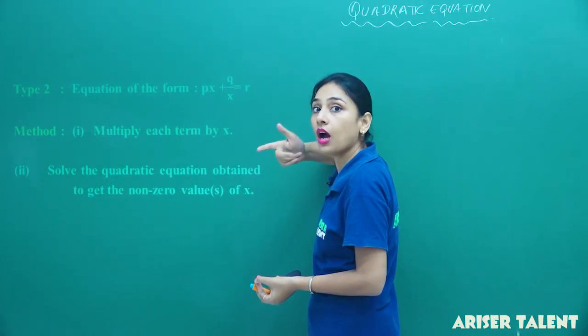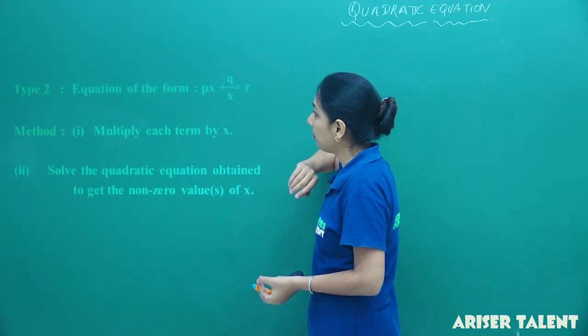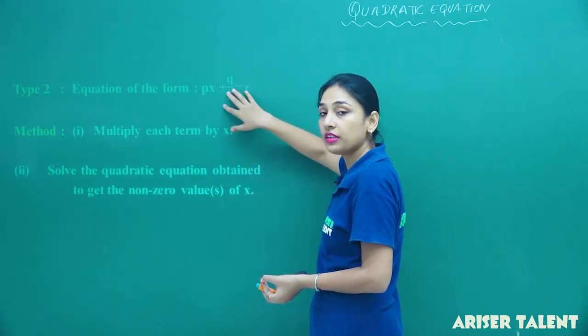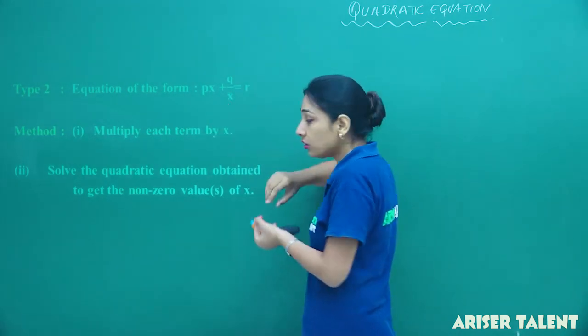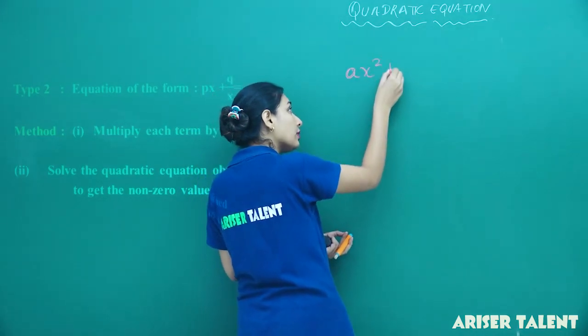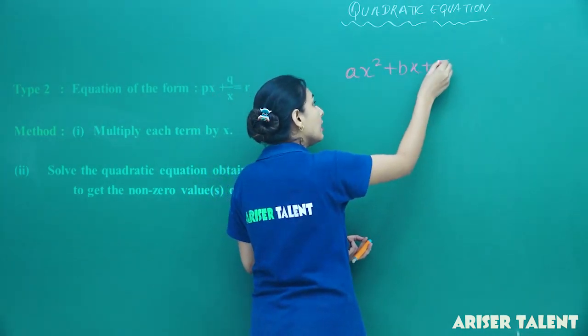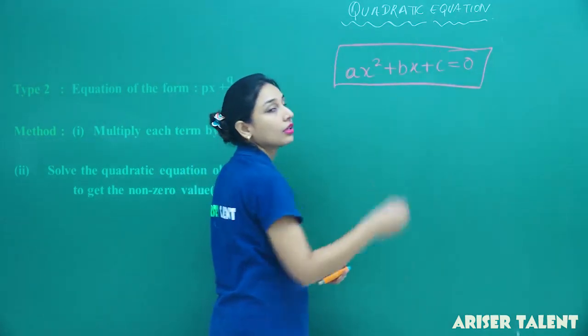But we can. How? We can simply multiply this equation by x. What is our motive? To transpose it to this beautiful equation ax square plus bx plus c equals to 0, because we know how to solve this equation.